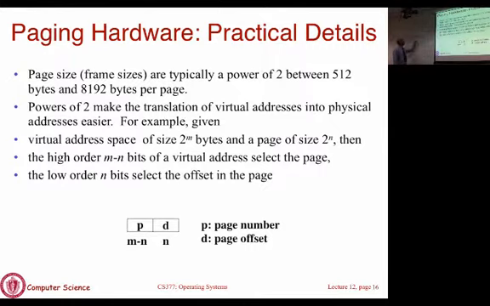Now, we said we want to translate address 5, correct? 5 by 4 was 1. If you simply take the high order bits, which are those 2 bits, what do you get? 0, 1 in binary.